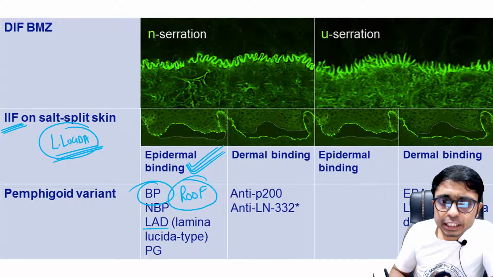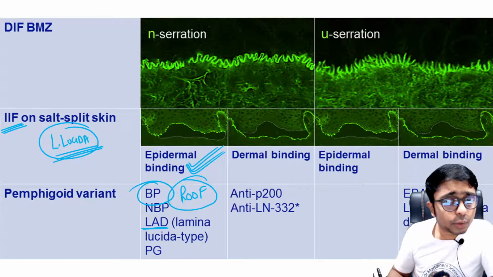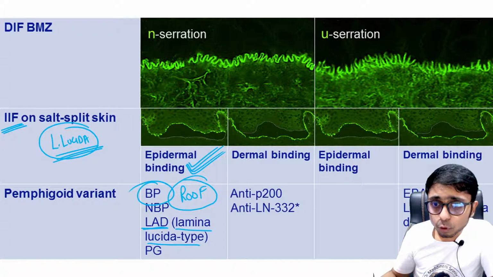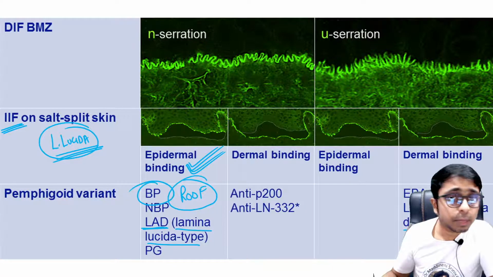And in linear IgA dermatosis, you can see that it is of two types, lamina lucida type, and there is one more type called sublamina densa type.